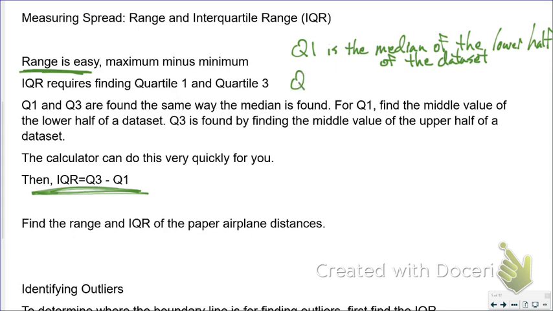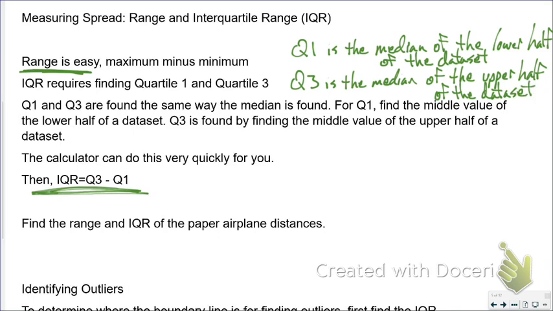And Q3 is the median of the upper half of the data set. And they're kind of tricky to find, because if you have an odd number of values, that means you ignore the middle number, you ignore the median, and you find the median of the lower half. It's very weird.